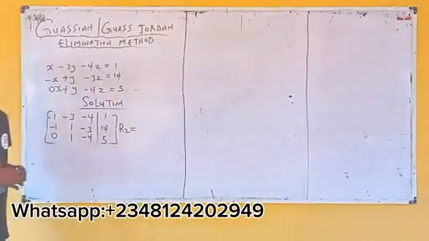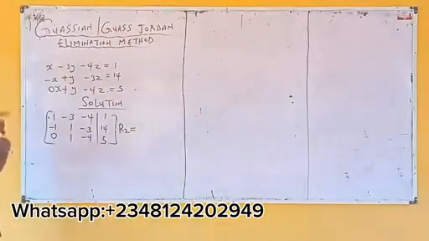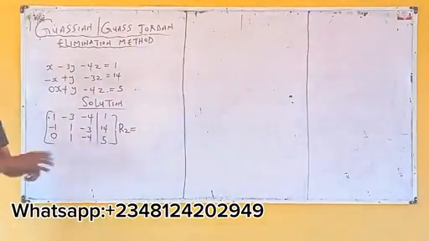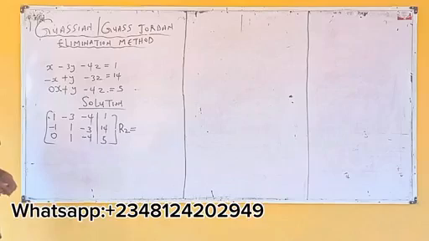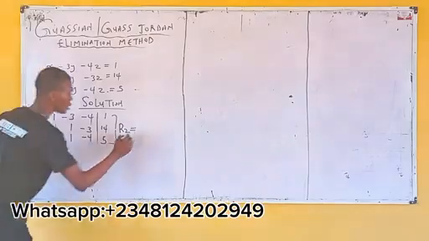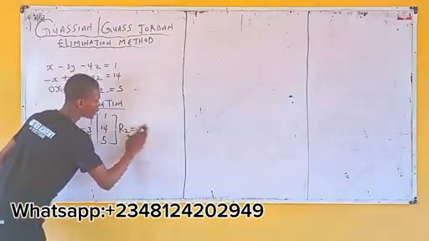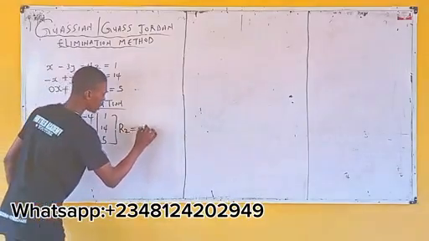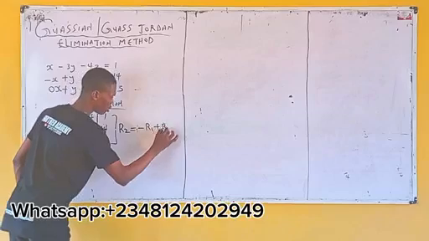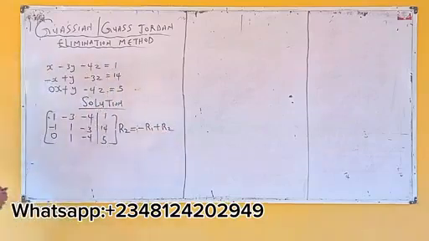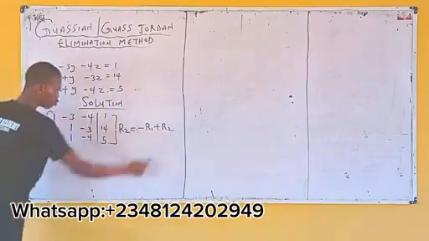Meaning my new row 2, what should be our manipulation? Negative row 1 plus row 2.